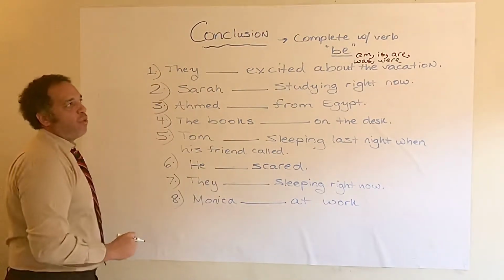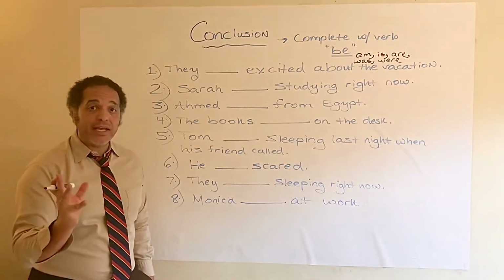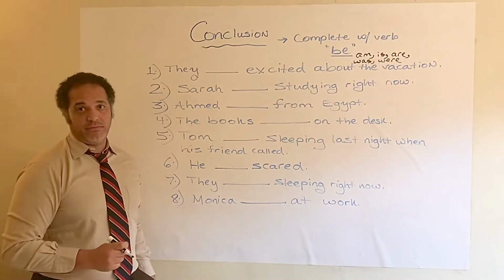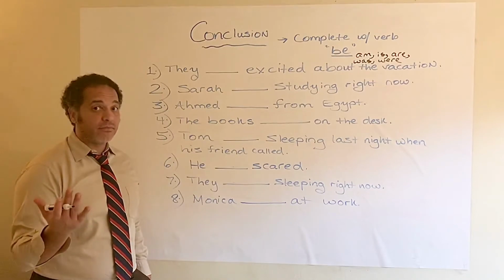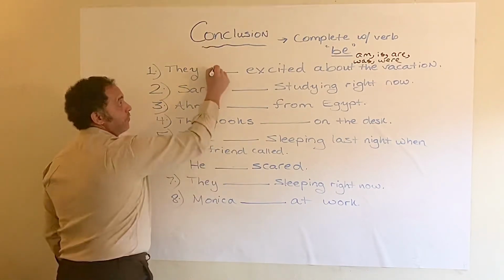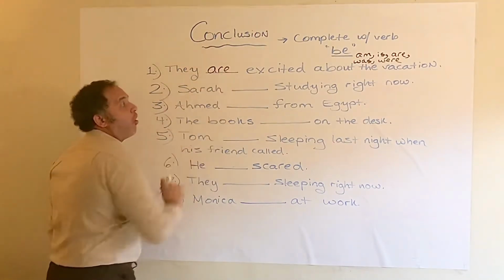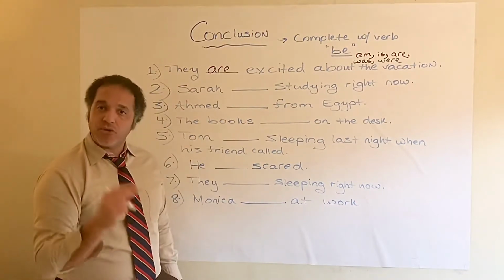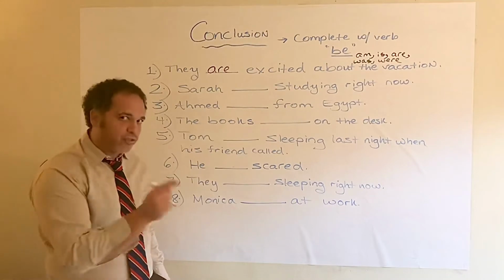Okay, number 1. They blank excited about the vacation. Are excited. Remember, when we say they, we are talking about 2 or more, so we need to change that verb.